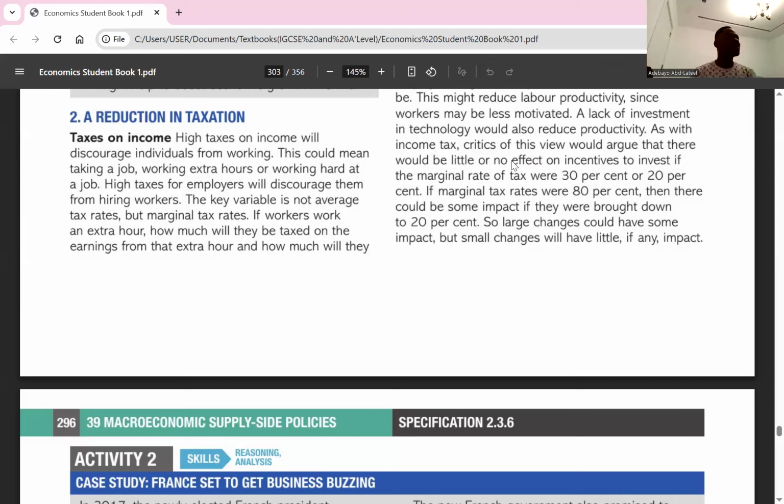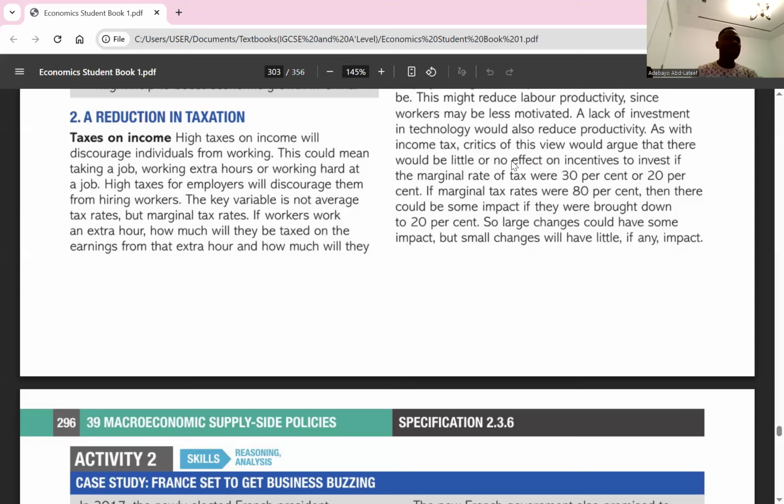Yes or no? Sure. So the most important thing is the marginal tax rate, because if you increase the marginal tax rate, it affects the extra hours worked, because it means they pay more working extra hours, and that will become a disincentive to work. That reduces the supply of labor.